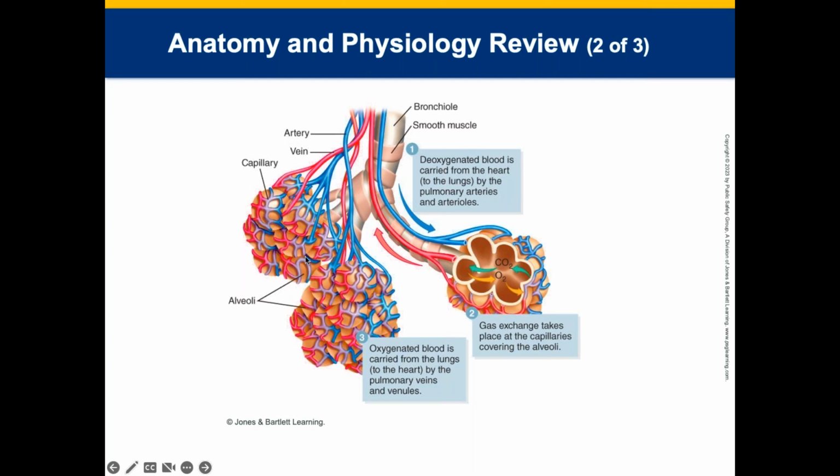And then it gets transported through our red blood cells. Oxygenated blood is then carried from the lungs to the heart by the pulmonary veins and venules. This is the only time we're going to see oxygenated blood in a vein. Other than that, it's always deoxygenated. That's the difference.